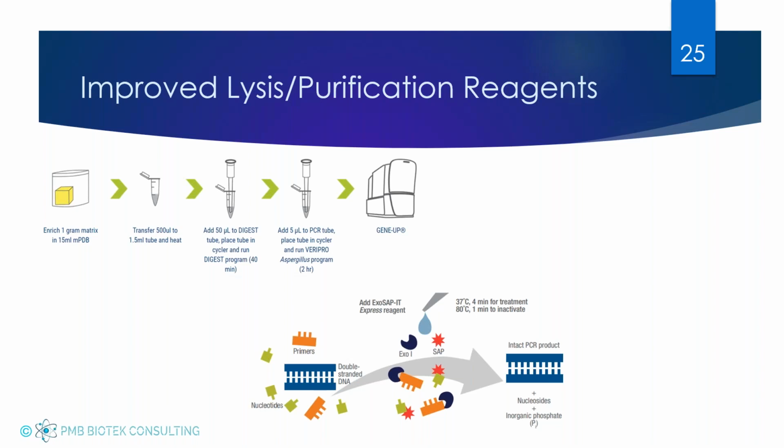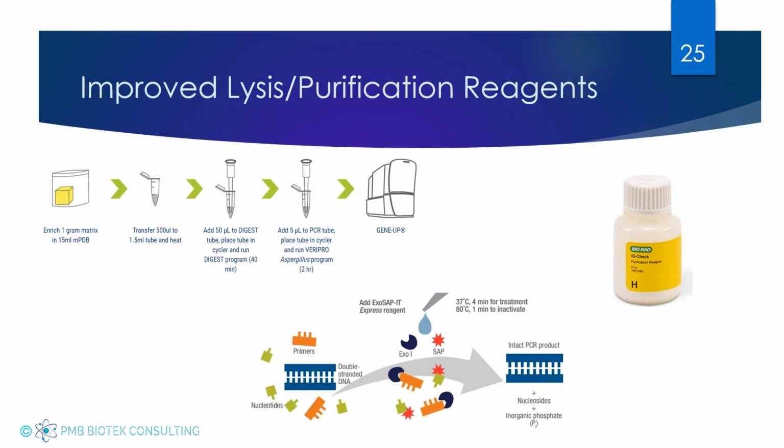So rather than just a traditional lysis buffer where you would heat it, and a combination of general lysis chemicals and heat will cause your cells to lyse and you'll have your DNA present, but you're also going to have a lot of other endogenous material in there. And so by improving on these lysis and purification reagents, and sorry, the one purification reagent from Bio-Rad is also something that can be used. They essentially bind to inhibitory reagents from the matrix and allow a cleaner sample to come out for that PCR analysis.